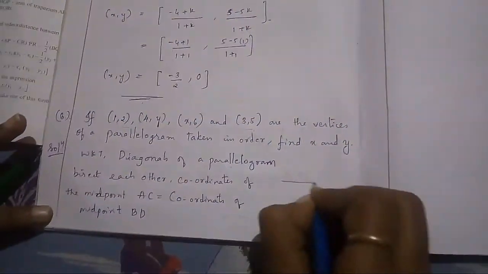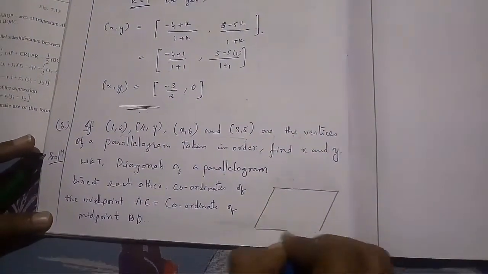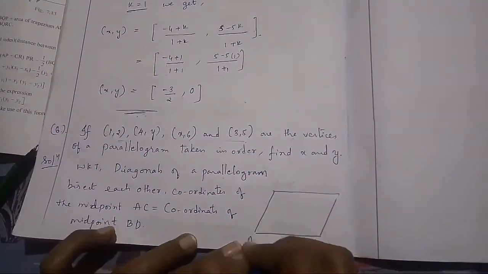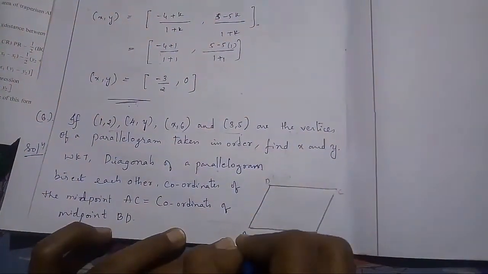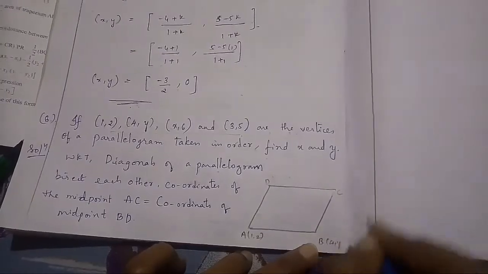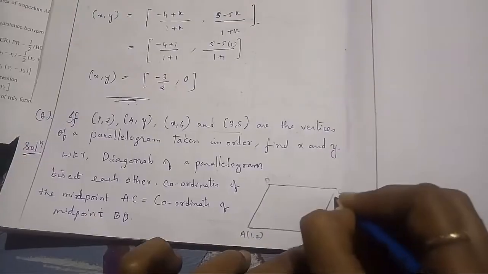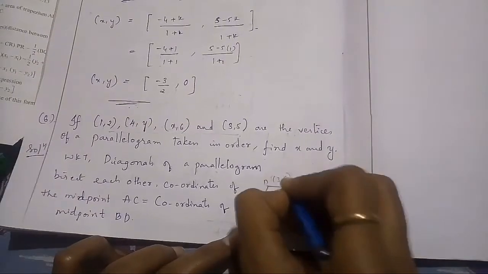That is, consider the parallelogram ABCD. The value of A is (1, 2), B is (4, y), C is (x, 6) and D is (3, 5).